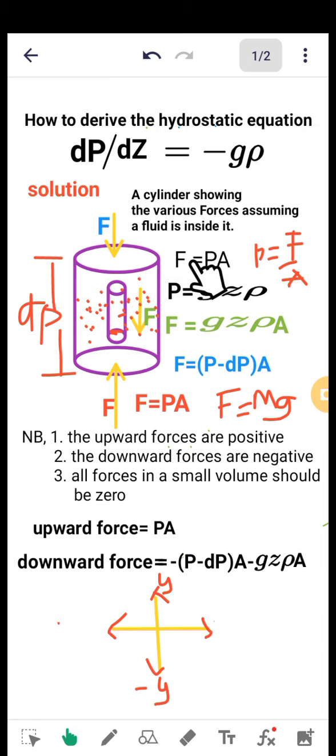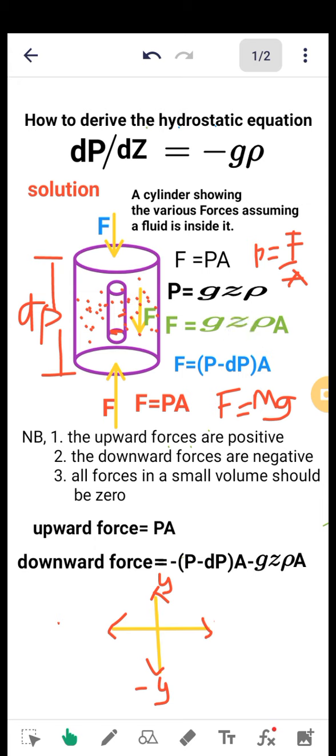The relationship is that force equals pressure times area. So my pressure should be force divided by the area.